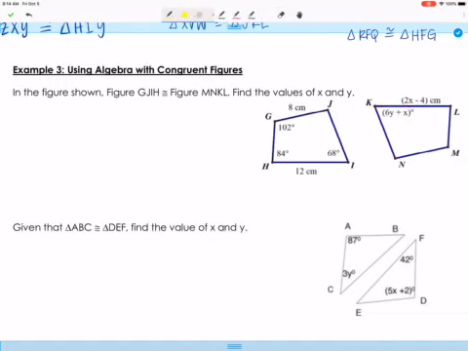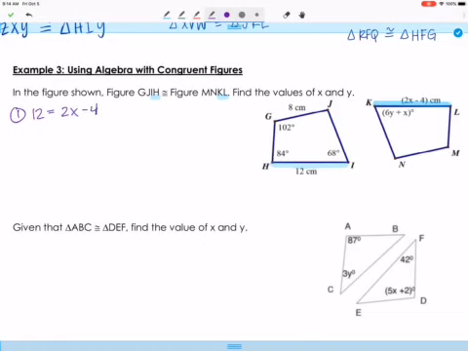So the easiest thing to do would be to figure out what I could compare this to. Based on your congruency statement, I know that side KL should be the same as side IH. So that side length should be the same as 12. So my first step would be to compare those.